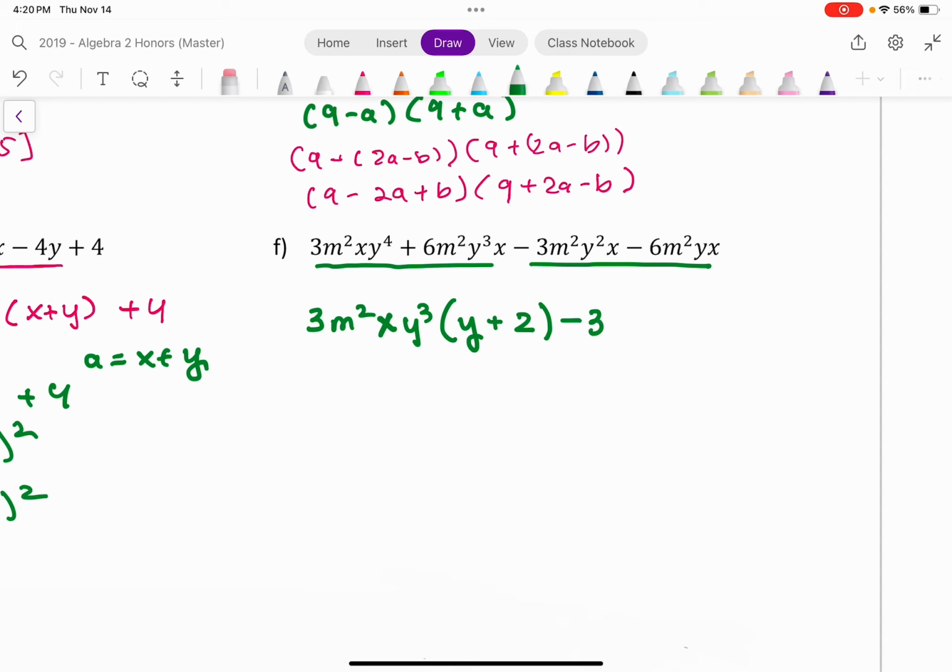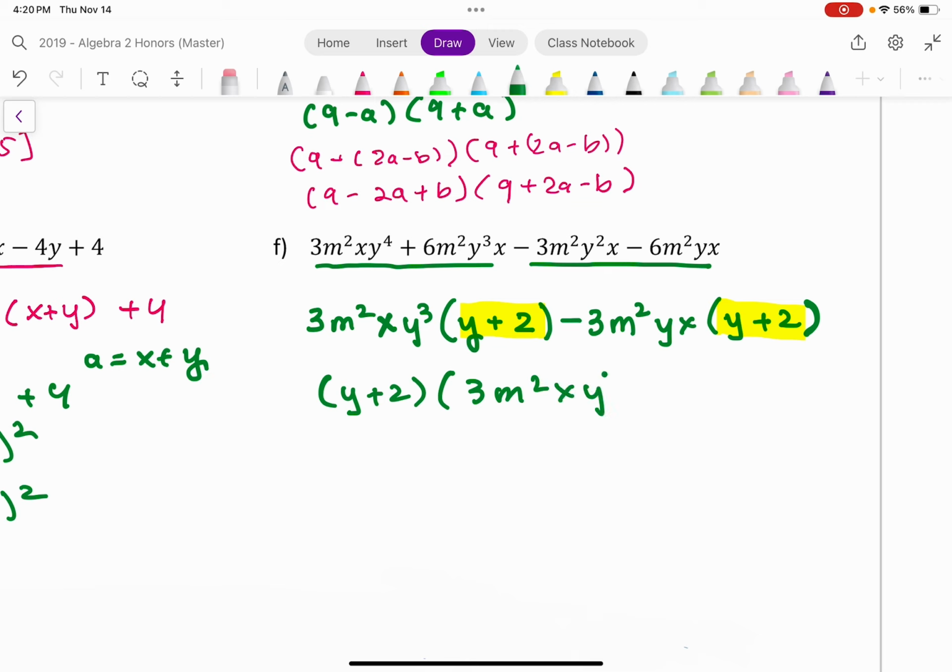I can take out a 3, an m squared, a y, and an x, and that's going to leave me with a y plus 2. Okay, so now we have this common factor of y plus 2 that I can factor out. That's cool. So now I have y plus 2, and then I have 3m squared xy cubed minus 3m squared.